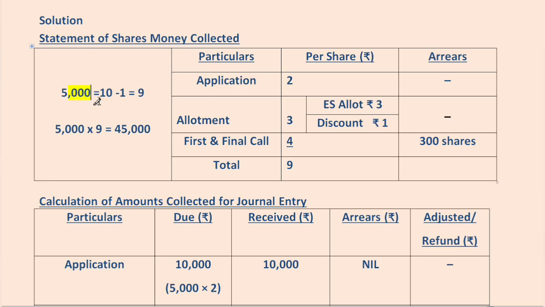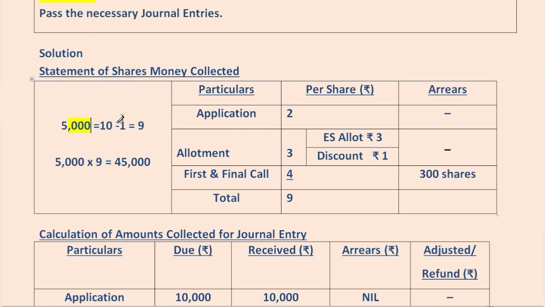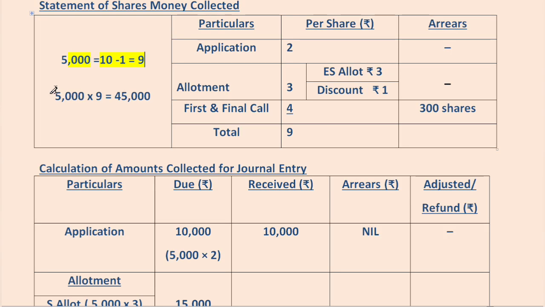Per share how much? 10 rupees. But here discount is given, so we have to deduct the discount. 10 minus 1 is 9 rupees per share. Total amount required by the company is 45,000 rupees.